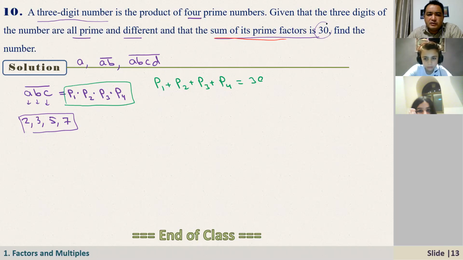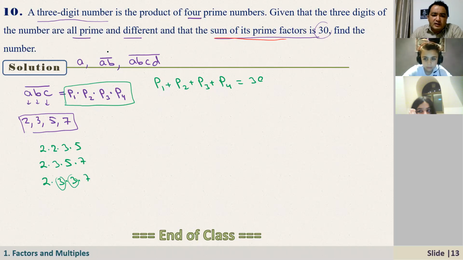What I mean is it may be something like 2 times 2 times 3 times 5, or 2 times 3 times 5 times 7, or 2 times 3 times 3 times 7. I mean, one prime number may appear twice on the right-hand side. We have no information about this, right? On the left-hand side, they are different. On the right-hand side, we have no idea.